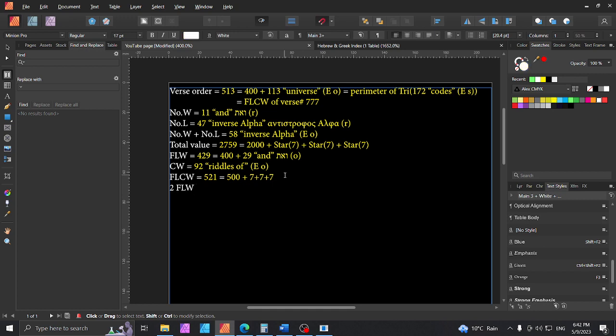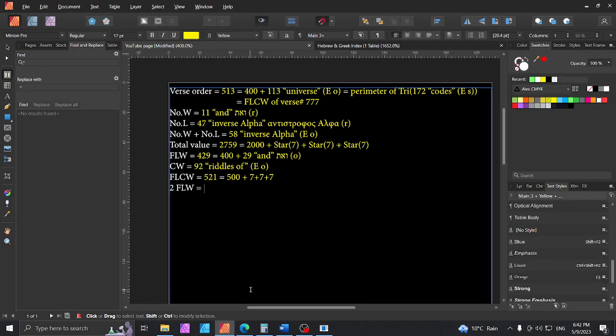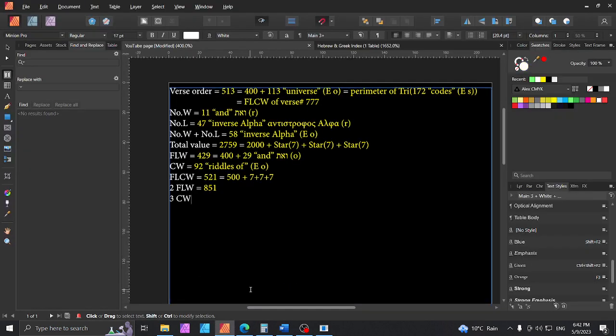2 FLV, 2 first last words equals 851. That is probably universe, but you don't really know until you have written out the methods, and then you have to evaluate. So the next method is 3 centiwords.